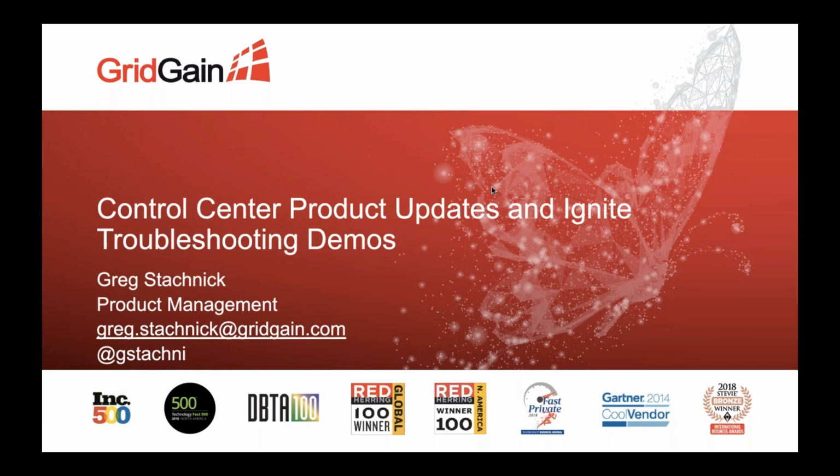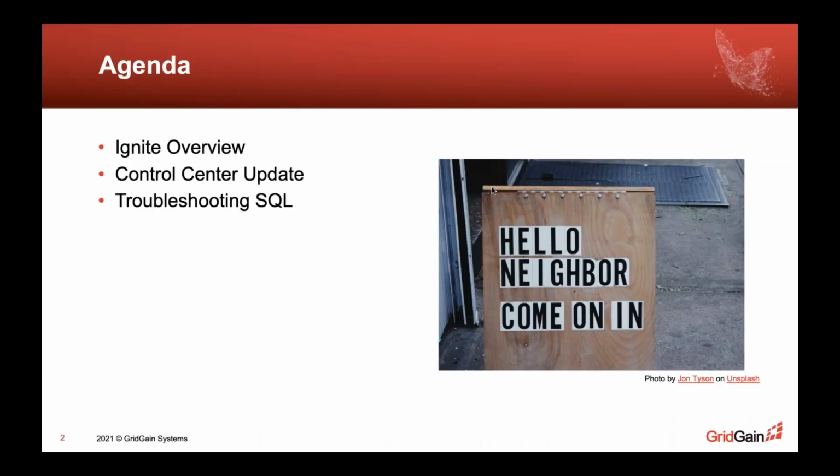And then we'll conclude with just a little demo of troubleshooting a scenario that we often see with customers. So it might give you some hints as to how you can improve your SQL performance. So just in case you're totally new to GridGain and Ignite, we'll give you a quick overview of what the Ignite platform is.